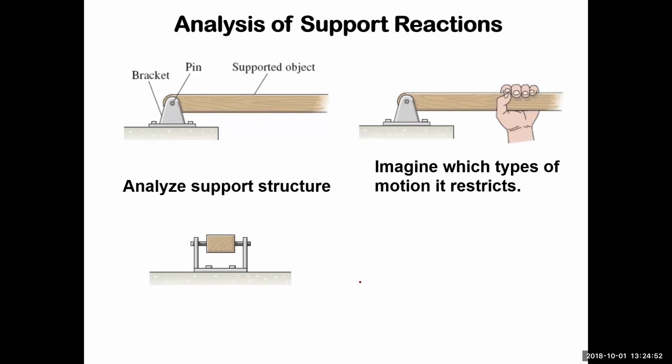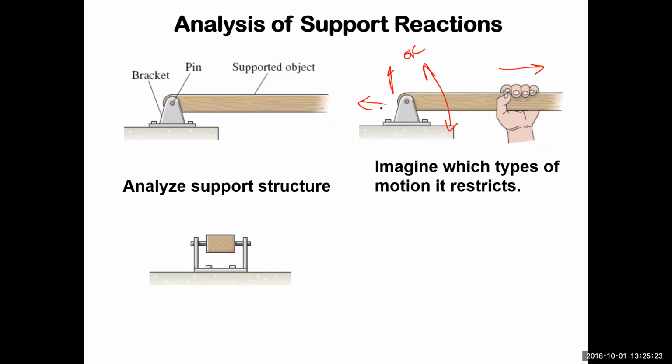And there's a conceptual, mental, visual reasoning you can do. Imagine you're trying to yank on that thing with your hand. Which type of motion is that pin going to restrict? It's not going to keep you from rotating it, right? But it is going to keep you from pulling it this way, up or down, or in or out. It's going to keep you from doing that.